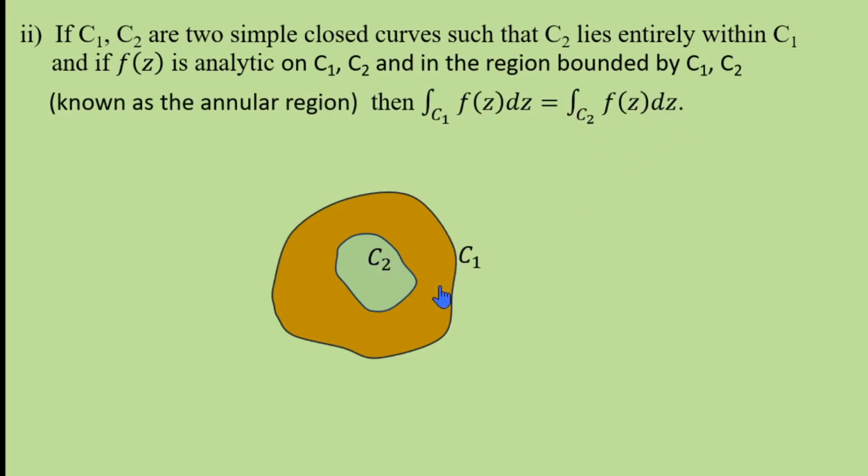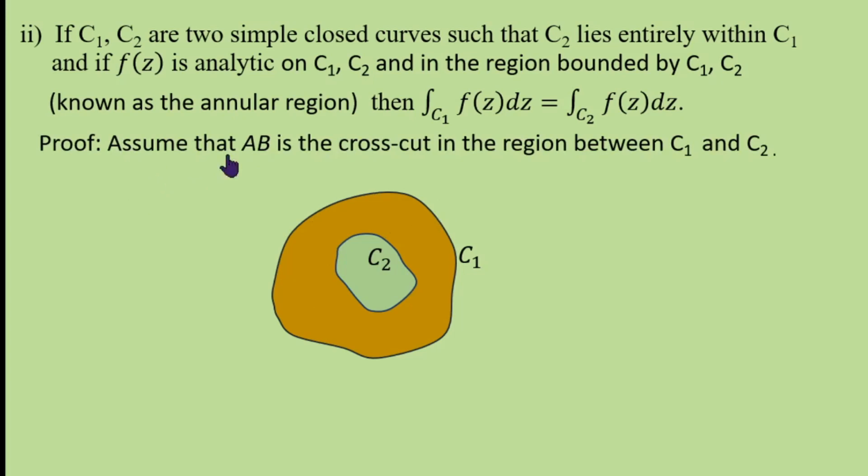So no need to integrate along C1. It is enough to integrate along C2 because it is analytic between C1 and C2. That is the concept. How can we prove this? And this region is called the annular region. This region between C1 and C2 is the annular region.